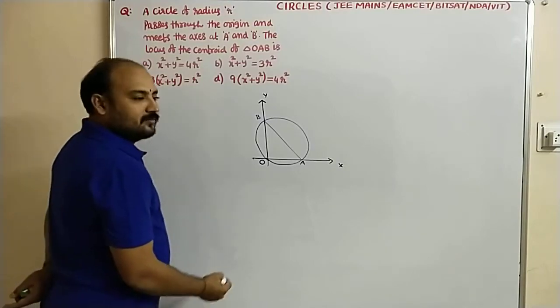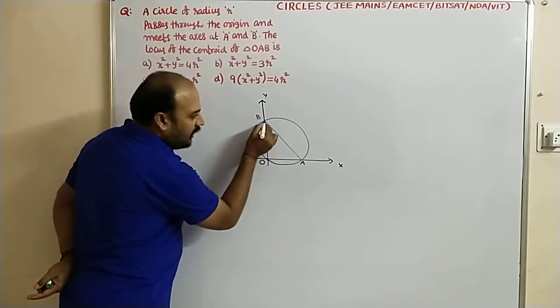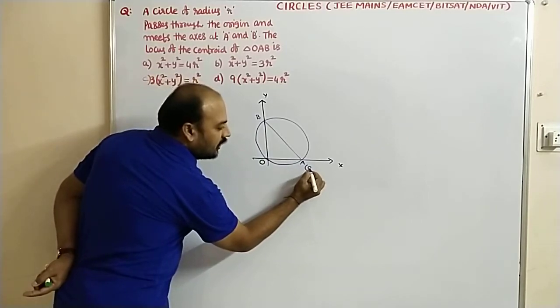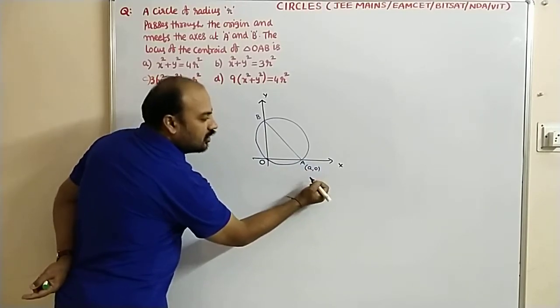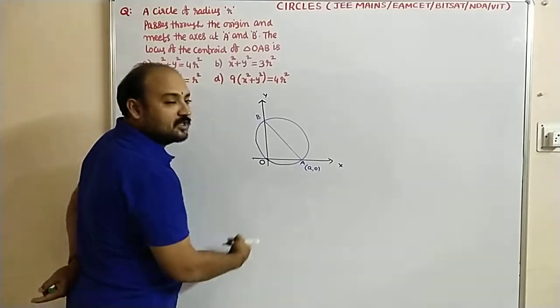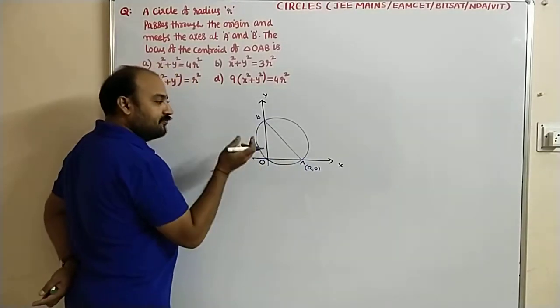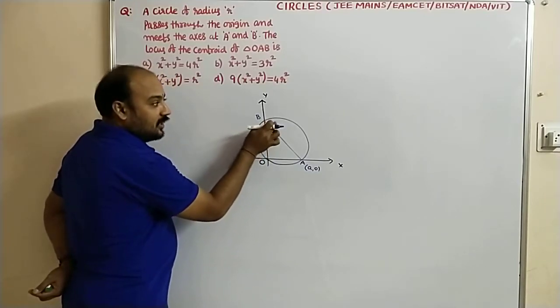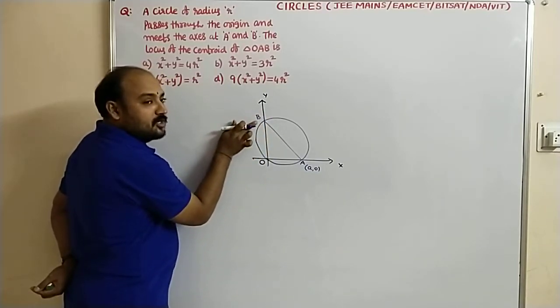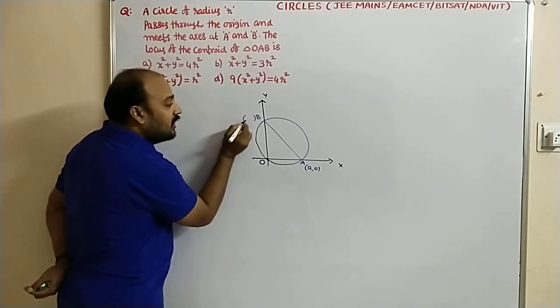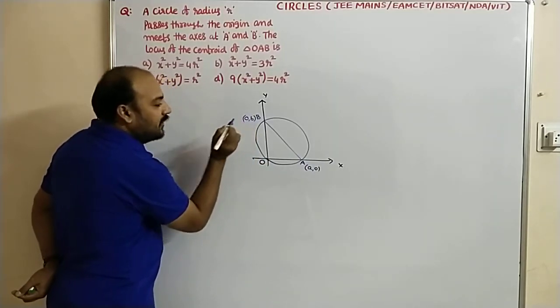We know that the circle cuts the x-axis at A comma 0, since on the x-axis the y coordinate is 0. This point A is at a distance of a units. Similarly, the circle cuts the y-axis at the point B, whose coordinates are 0 comma b.